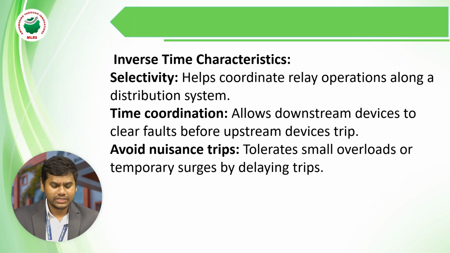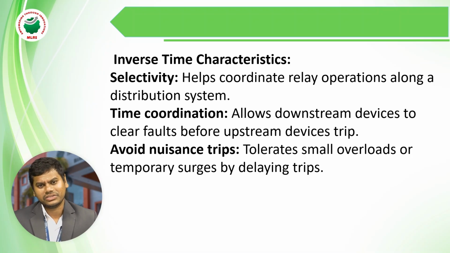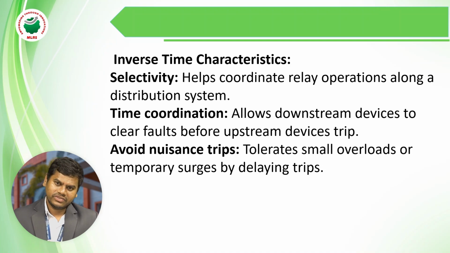And next, now I'm taking inverse time characteristics. In industrial electrical systems there are so many contents. What are the contents? LT components, selection of switches, types of wires, and selection of wires and cables.